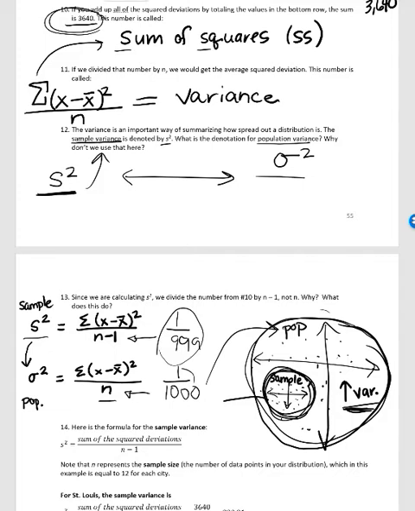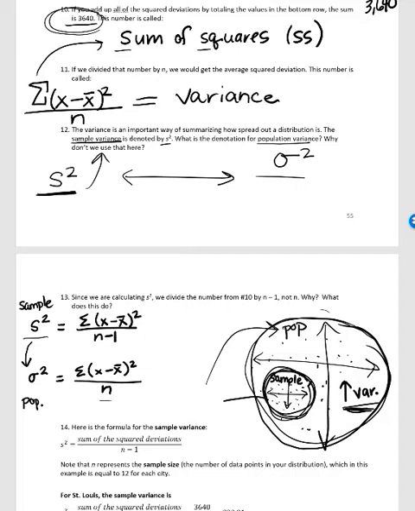The less this is going to affect things. But if we have a really small n, like 3, this is going to make a big difference between 1/3 and 1/2, right? 33% and 50%, basically. So when you have a small sample size, this difference matters more. When you have a bigger sample size, they're not that different.